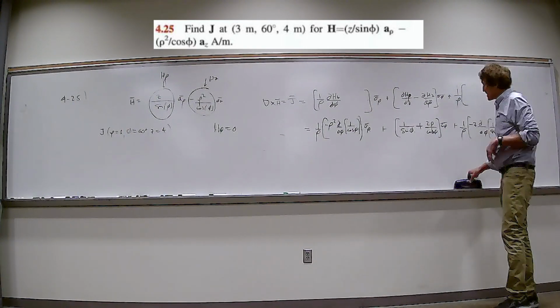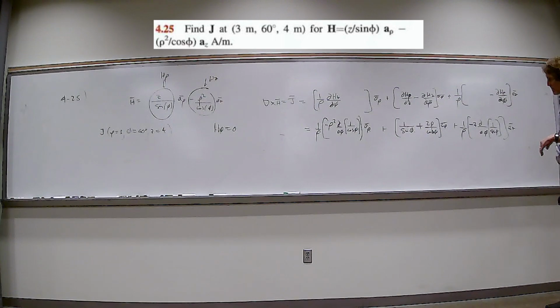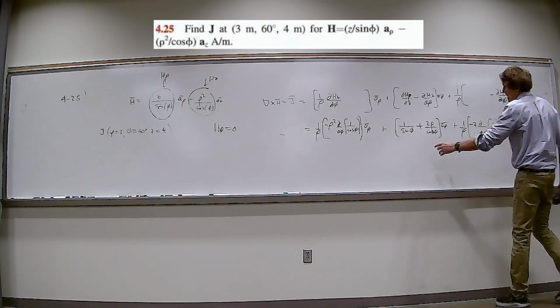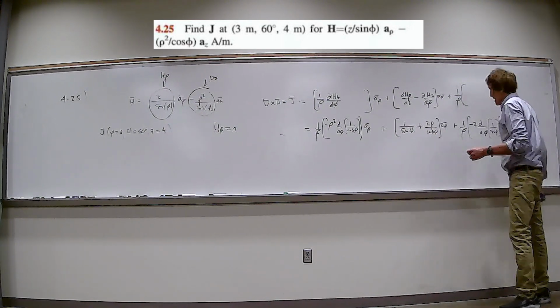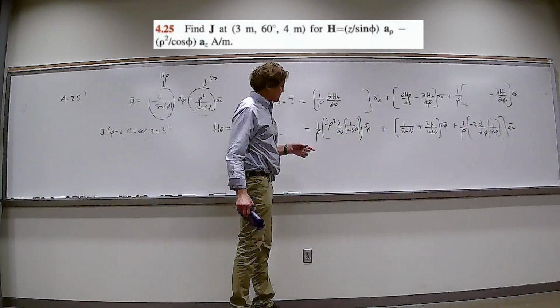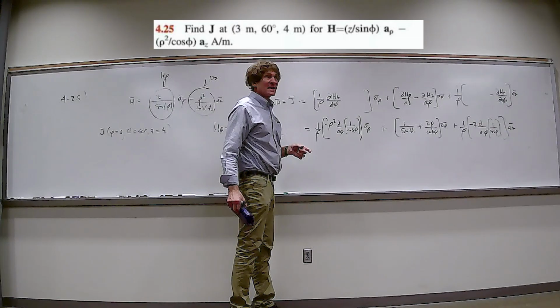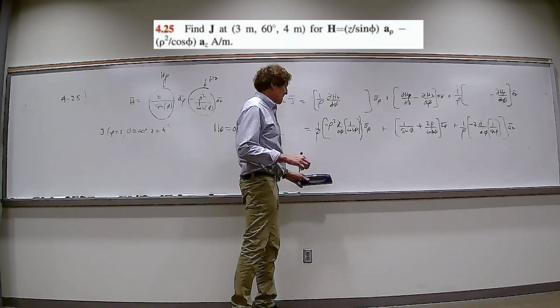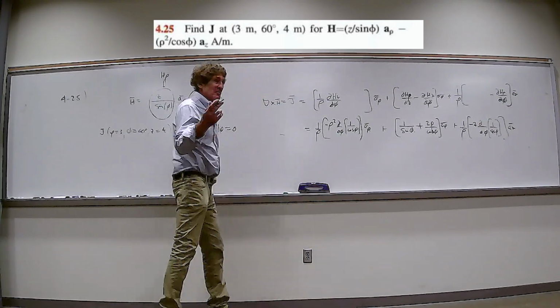So if you look at this, we've got this one done, right, class? The a phi one's done. Here, we have to evaluate 1 over cosine phi. What's that going to be? You can do it a couple ways.